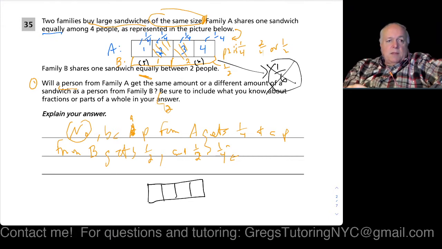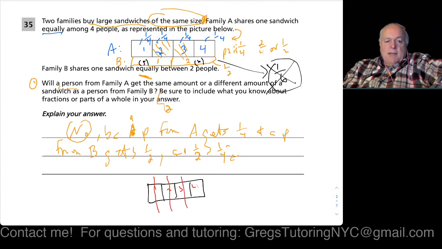Okay? And what they do, let me change the color one more time, is because it says family B got between 2 equal parts, they take these 4 parts here, 1, 2, 3, 4, and split each part into another half.